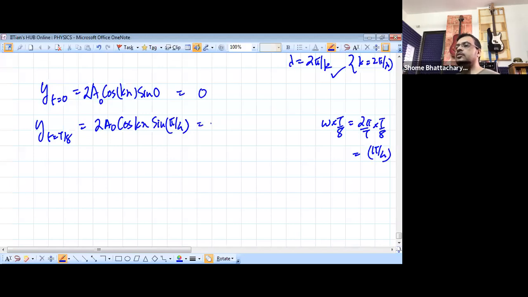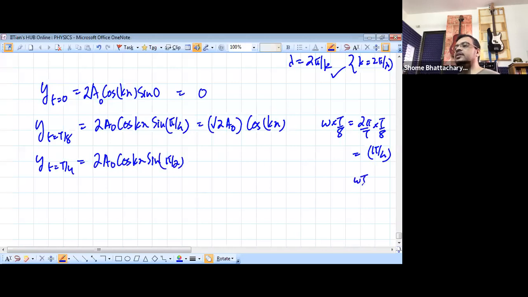So this will become root 2 a naught cos kx. Similarly, if we look at capital T by 4, this will become 2a naught cos kx sin pi by 2, because similarly you can understand that omega t at T by 4 is nothing but pi by 2. So this will become 2a naught cos kx.